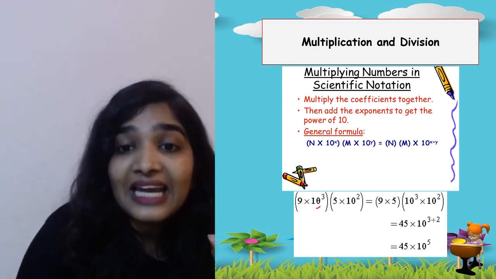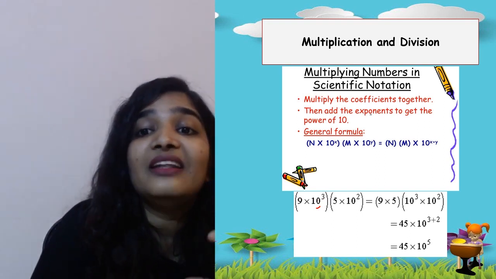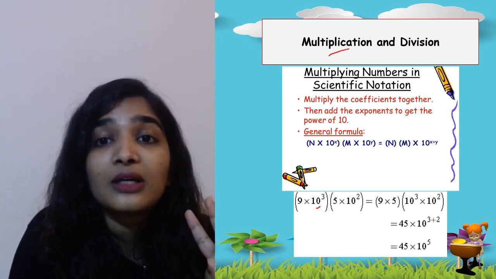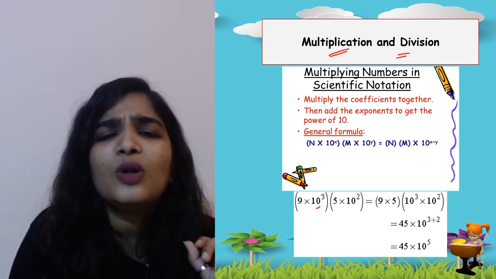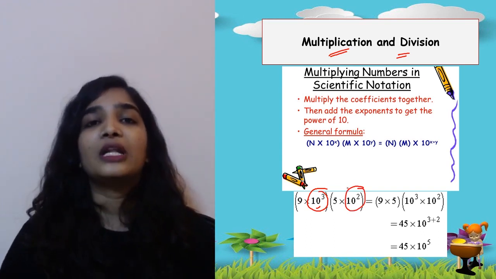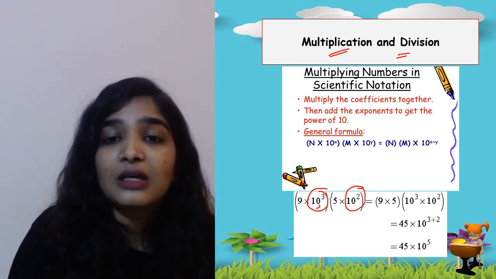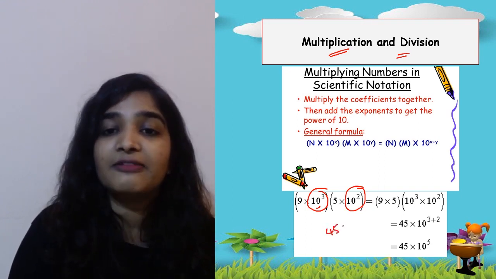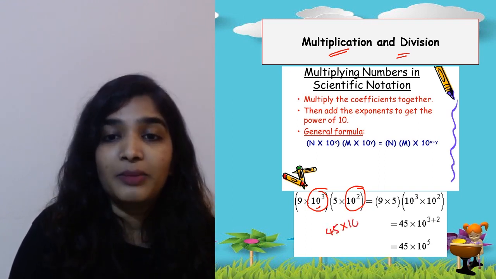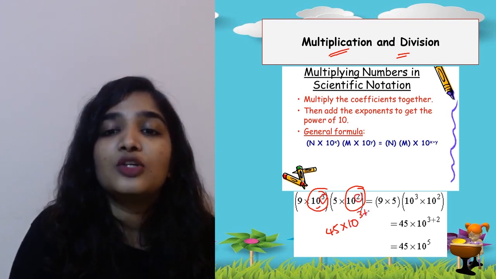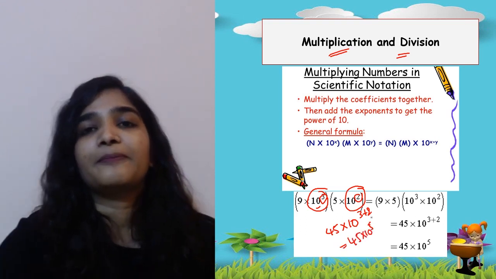Then you add the exponents to get the power of 10. So 9 into 5 is the coefficient, 45, into 10 will be your base. You just have to add the exponents. 3 plus 2, you will get 45 into 10 raised to 5.